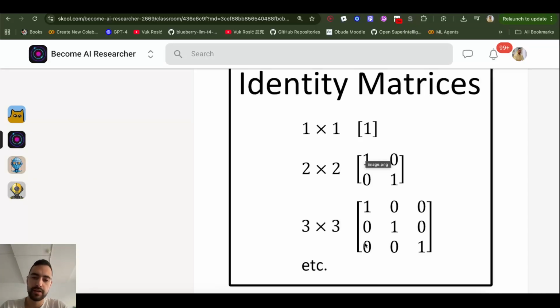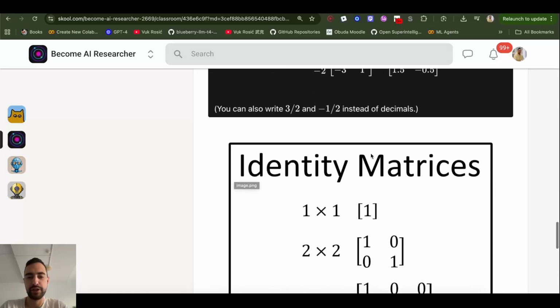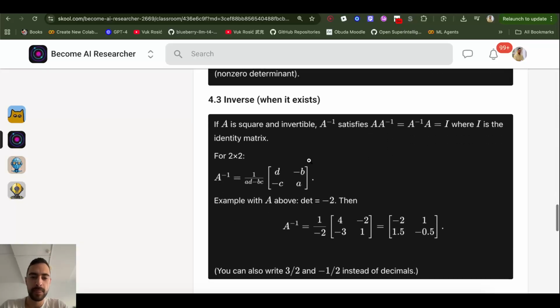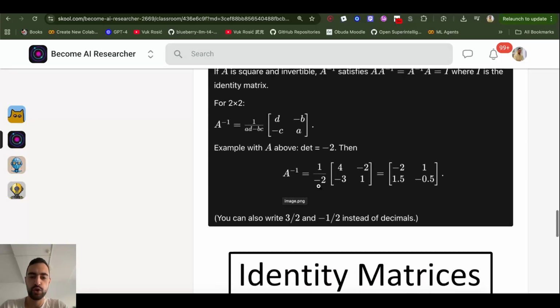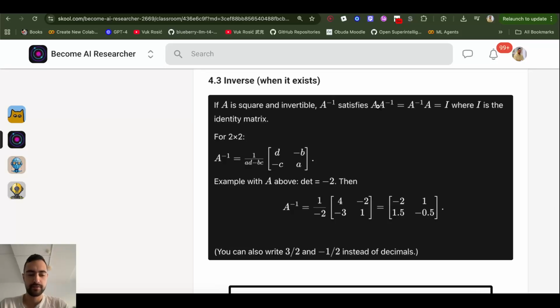When you need to find this matrix A inverse, such that when you multiply it with A, whatever matrix that is, you get the identity matrix, then that's the inverse of A. And this is the formula for calculating the inverse for just a 2x2 matrix. I think for higher matrices, the formula becomes a lot more complex. But that's all I want you to know: what the identity matrix is and what the inverse is.